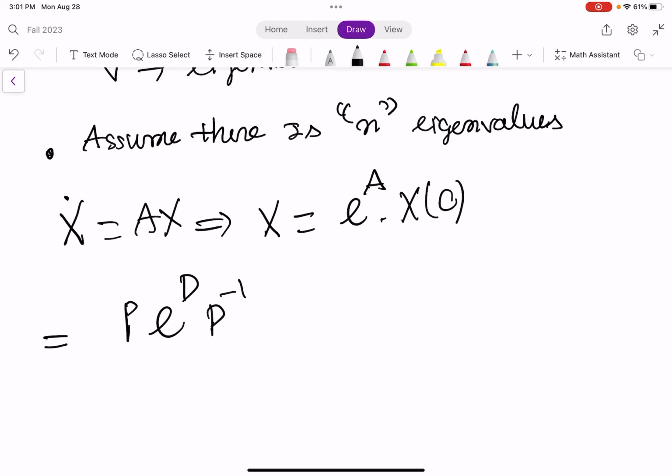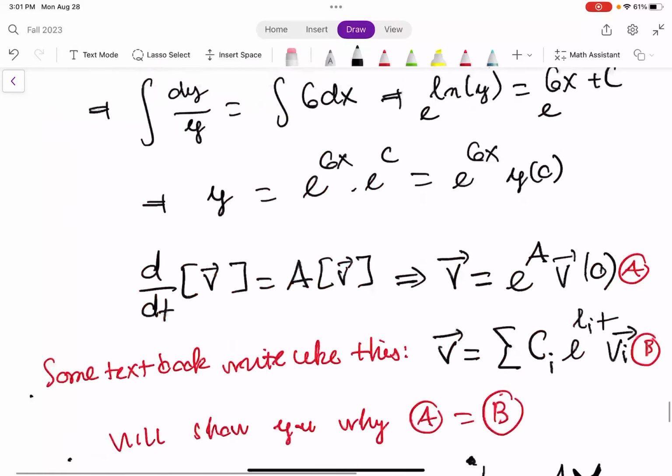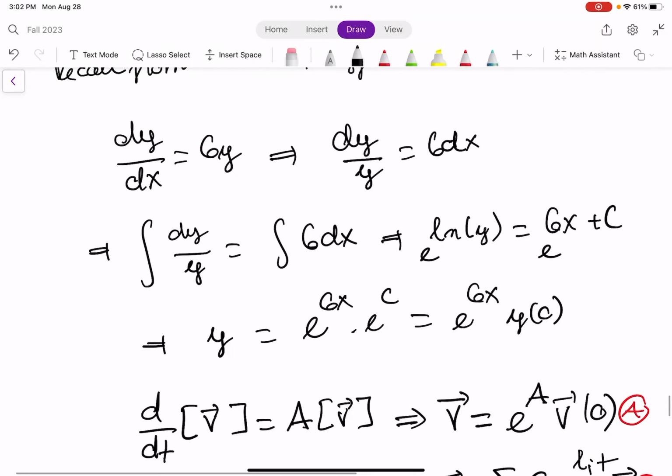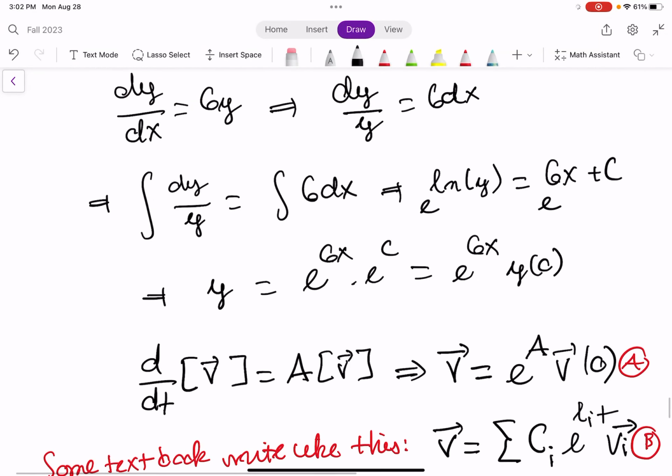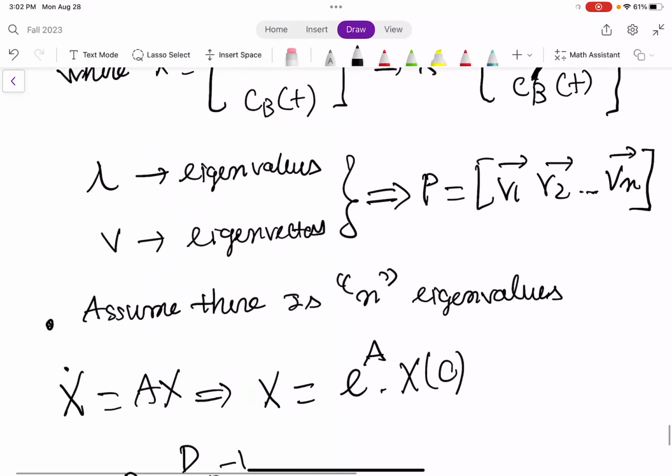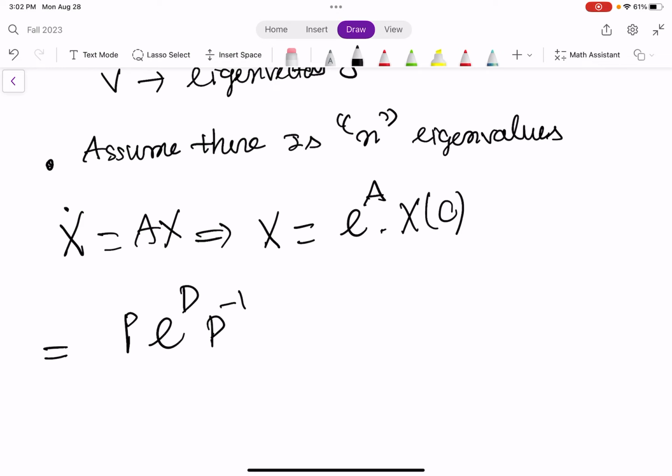So this is exactly like what we did previously. dy over dx equals 6y, so you get y equals e to the power 6x times y0, y at t equals 0. So the same idea can be applied to a matrix, okay?